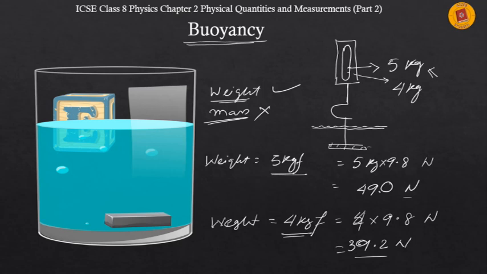See, there is a decrease in force from 5 kg force to 4 kg force, or from 49 Newton to 39.2 Newton. So what is the difference? The difference is 1 kg force or 9.8 Newton, whatever you call it.